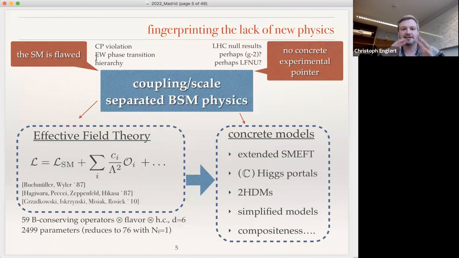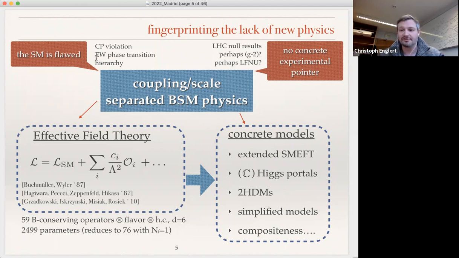But if you take the LHC null results at face value, then we can set up a framework where we say that new physics, whatever new physics is there, is probably heavy, sufficiently heavy that we can integrate it out. That's a general hypothesis in effective field theory.